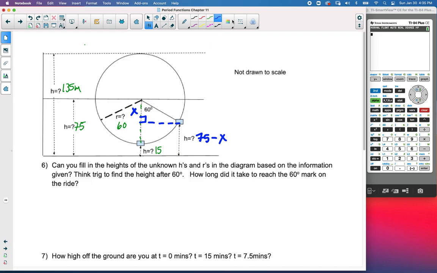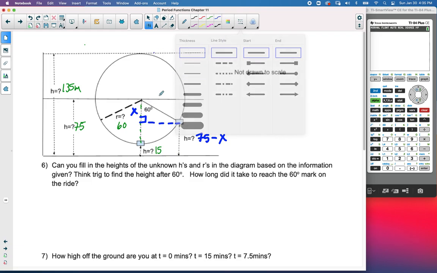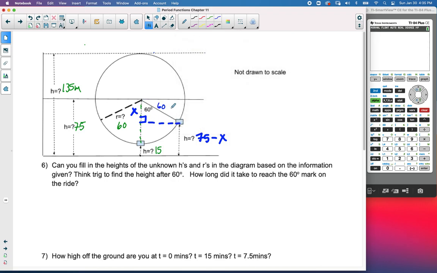Well, we know that the radius is 60. We have a right triangle, and x here, what we're looking for, is adjacent to our angle, right? 60 is the hypotenuse, x is adjacent. So what relates adjacent and hypotenuse?